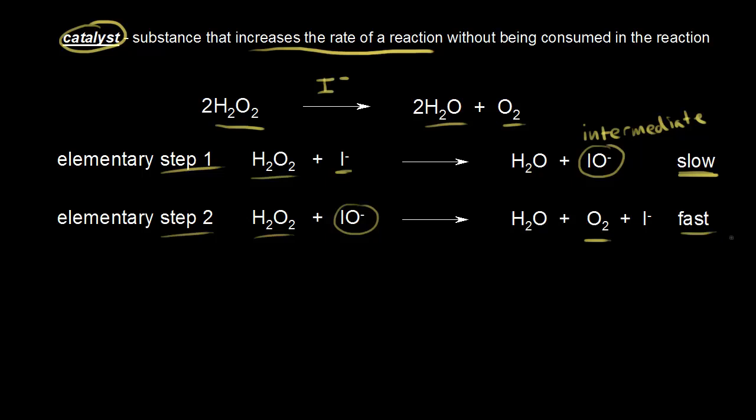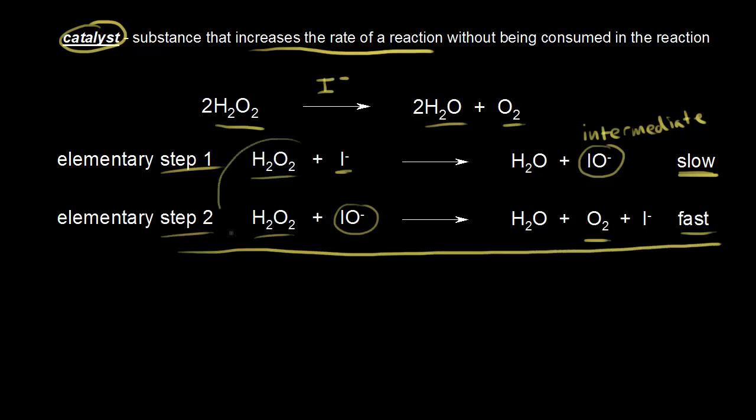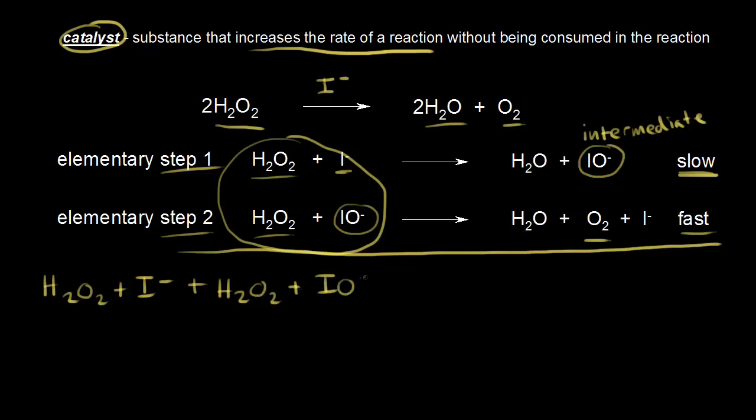Remember, for a mechanism, a possible mechanism must have elementary steps that add up to the overall reaction. So if we add our two steps together, we should get our overall reaction. We're going to add all of our reactants together. So that would be H2O2 plus I minus plus another H2O2 plus IO minus, and that should give us our product.